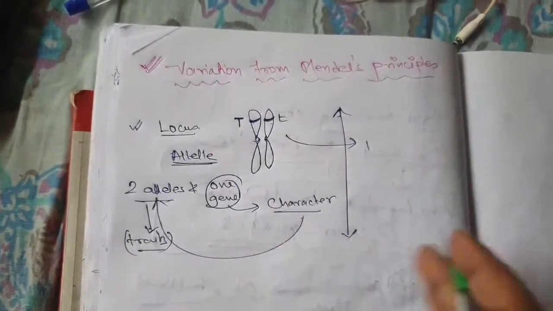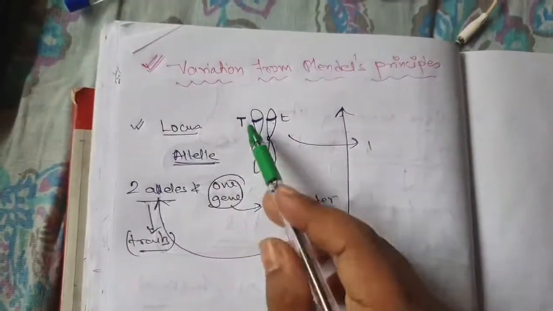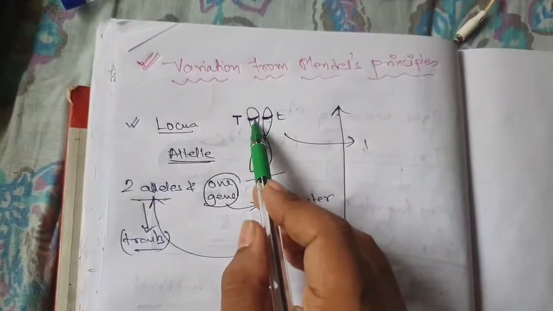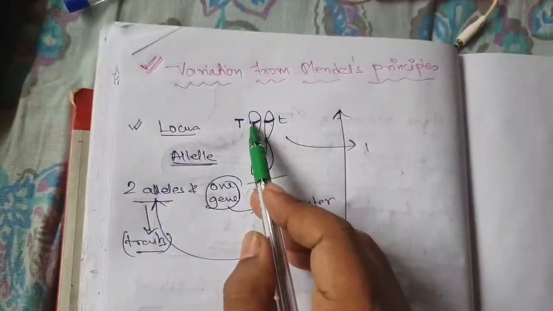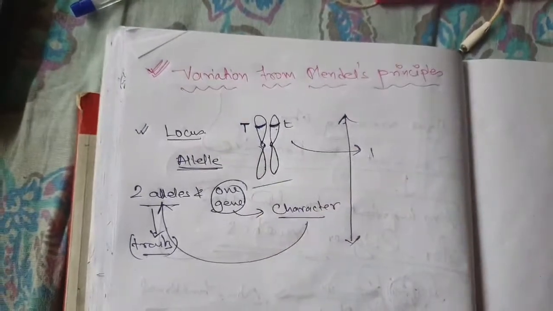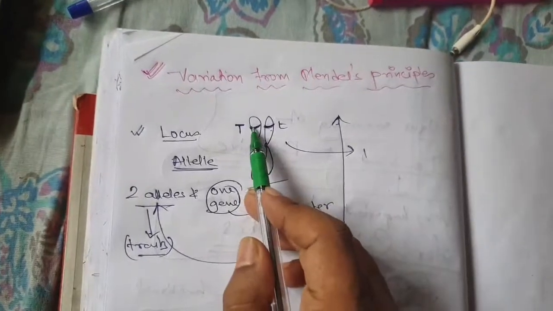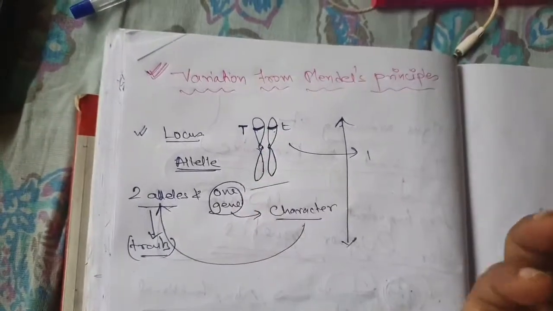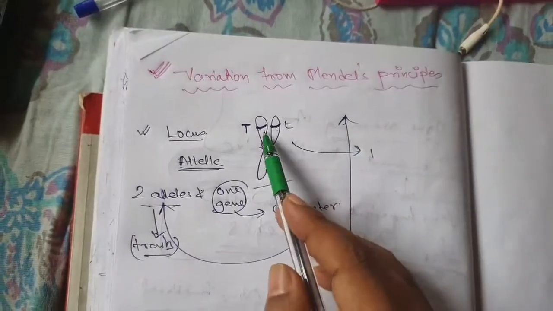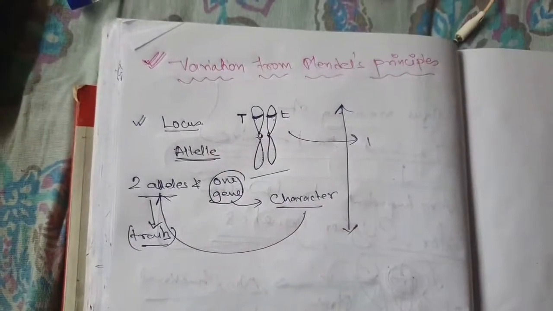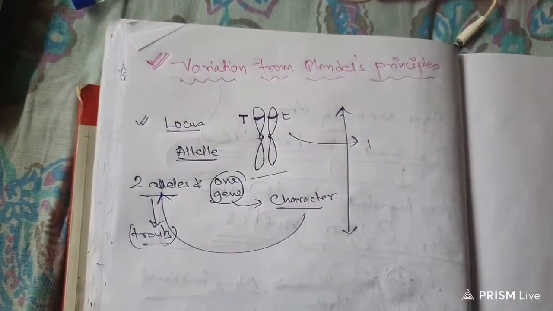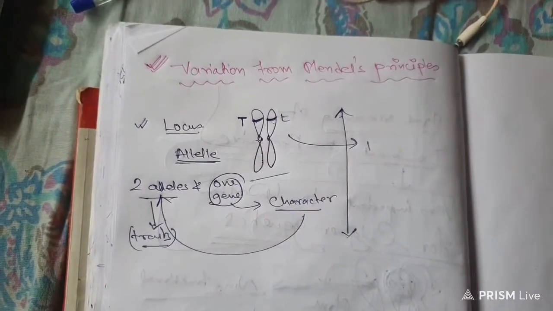Some of the terms which you already understand is locus in a chromosome. Suppose a homologous chromosome is there, then there is one particular locus where the gene for a particular trait is located, from where a protein or set of proteins, maybe one gene or a set of genes, will be expressed through the central dogma of molecular biology, and due to that expression there will be a certain trait or character in the organism, or the phenotype of the organism.